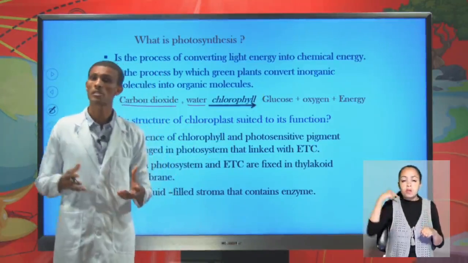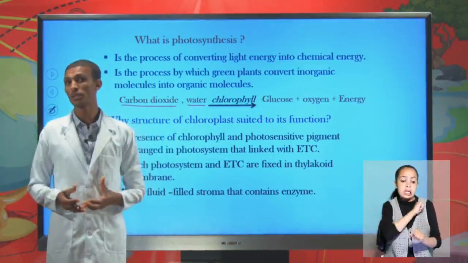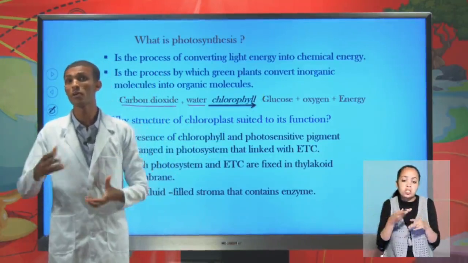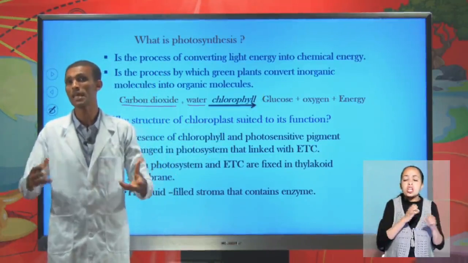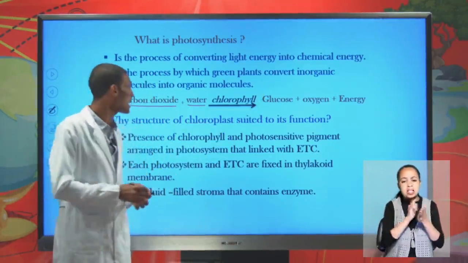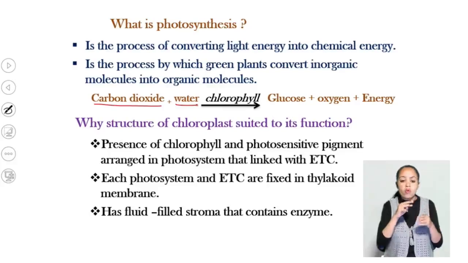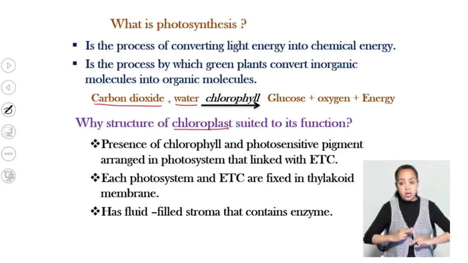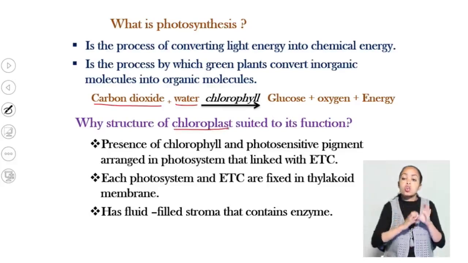Photosynthesis, a process involved in nourishing or sustaining the ecosystem, takes place in a membrane-bounded organelle called the chloroplast. Students, do you know what we mean by chloroplast?